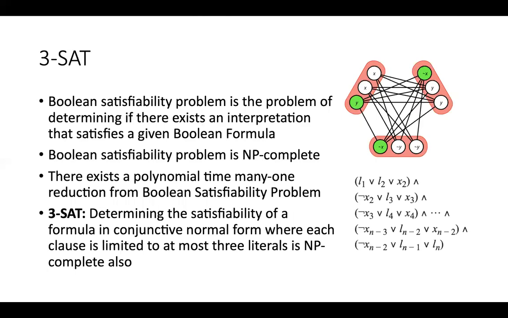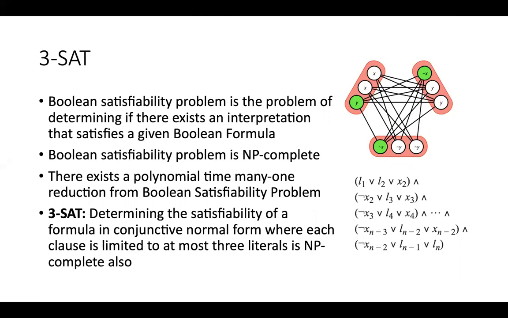All right. So we talked about the polynomial class, and there's another problem known as the Boolean satisfiability problem, or SAT. It's the problem of determining if there exists an interpretation that satisfies a given Boolean formula. And there exists a polynomial time many-to-one reduction from the Boolean satisfiability problem.